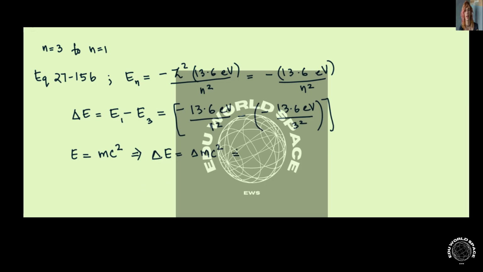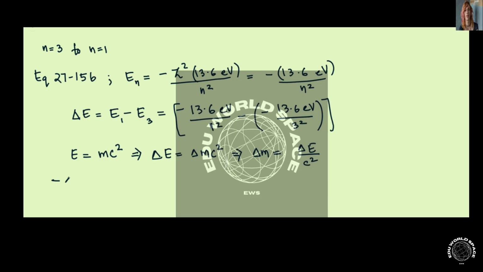This implies that delta m will be equal to delta E over c square. Now since we are told to find the amount of decrease, we will choose the opposite of the change to make the whole thing positive.